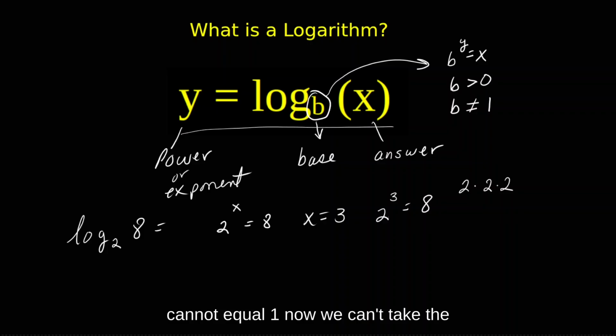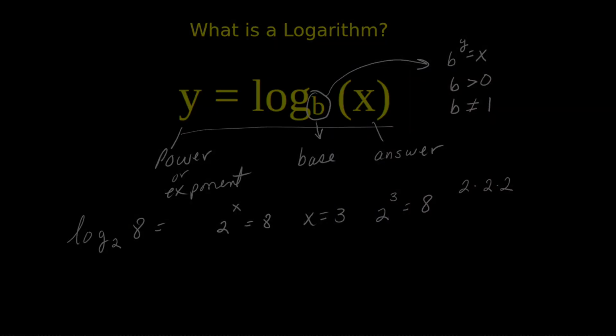Now, we can't take the logarithm of a negative number because the base of an exponent function is always positive. No power of the base can make it a negative number. And we also cannot take the logarithm of 0. Logs of negative numbers are not real numbers. However, some calculators may show these answers sometimes.